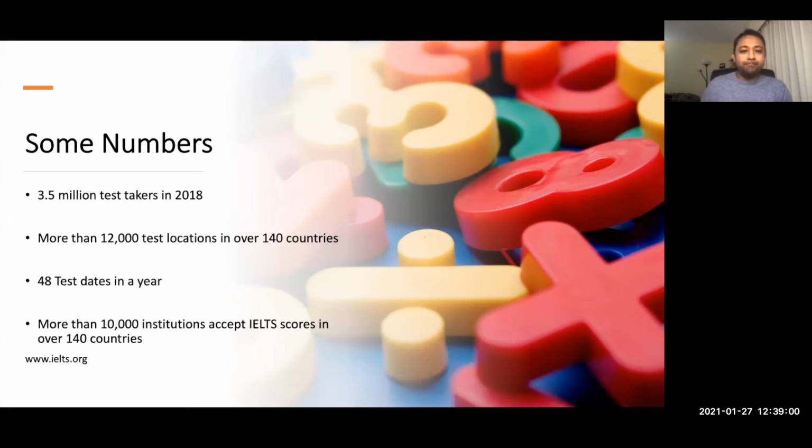You should be able to get the test dates very frequently. And of course it is accepted in over 10,000 institutions across over 140 countries around the world. These numbers, of course, are taken from the IELTS.org website, the official website for the IELTS test.